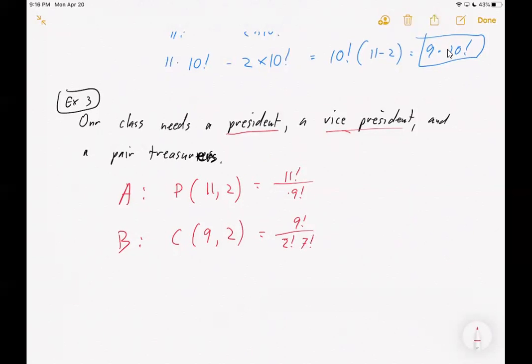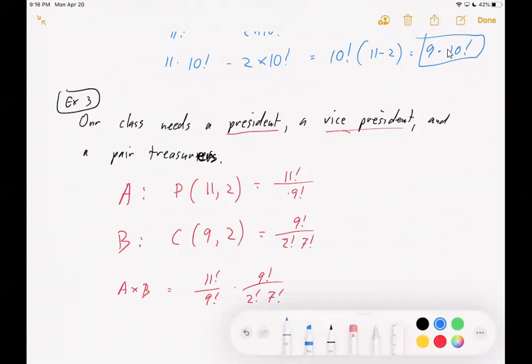And so then the total answer is the product of A and B. So it's 11 factorial over 9 factorial times 9 factorial over 2 factorial, 7 factorial. And you could see some things simplify. The 9 factorials cancel out.